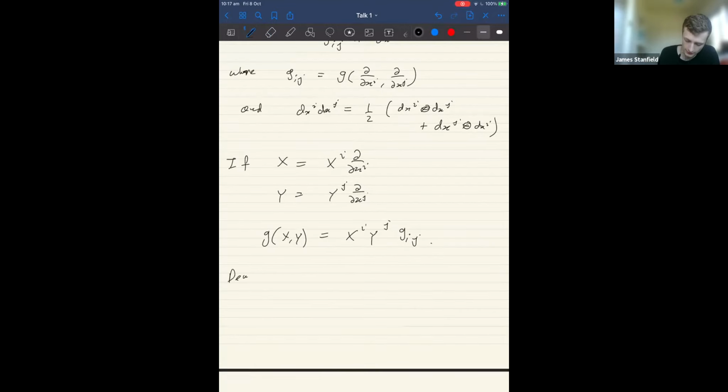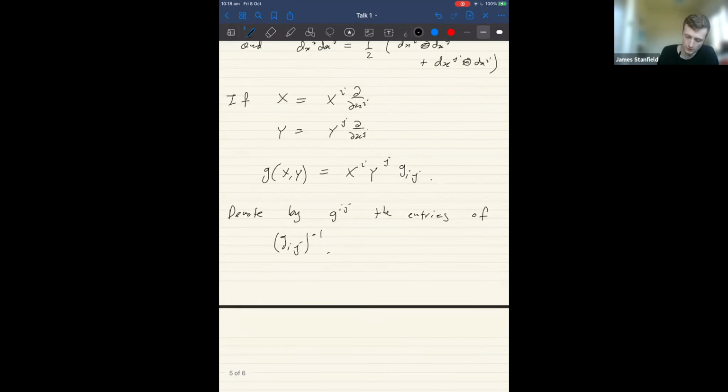And so this is just for later. We're going to denote by g^ij the entries of the inverse of the matrix corresponding to all these entries. Okay, so the entries of that.